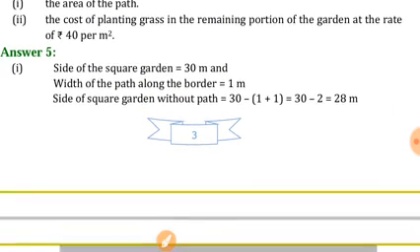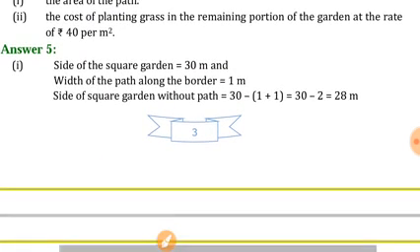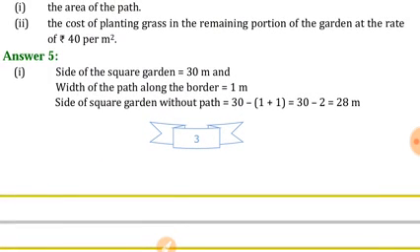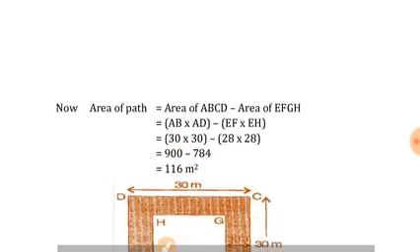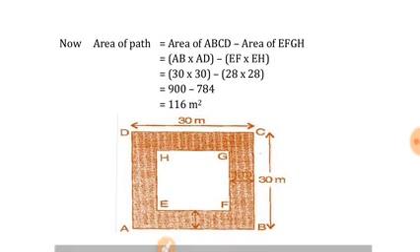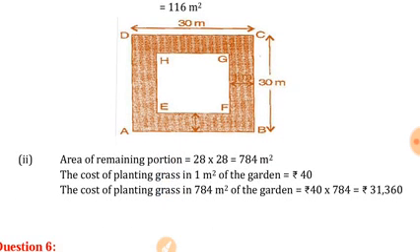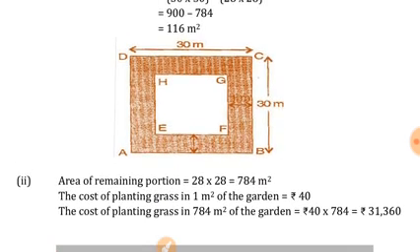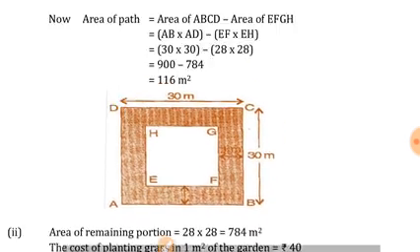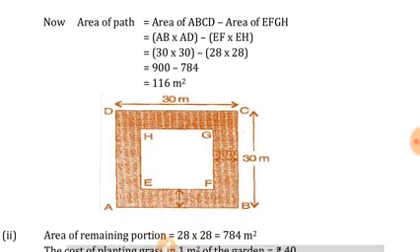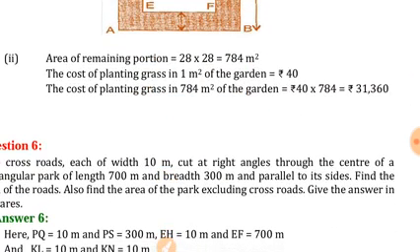And the cost of planting grass in the remaining portion of the garden at the rate of rupees 40 per meter square. So the total area remaining for the gardening is 116 meter square. For 1 meter square it is rupees 40.